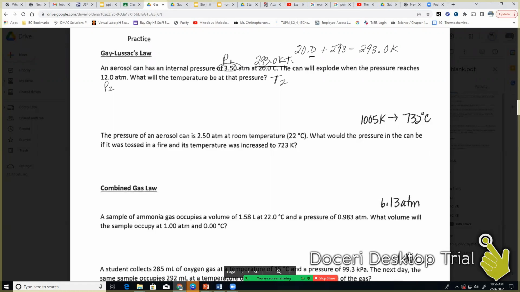Now I'm going to fill in my formula because I'm using Gay-Lussac. It's P1, my beginning pressure, 3.5 atmospheres, times my T2, which is my unknown, equals my P2, 12 atmospheres, times my T1, 293.0 K. Both of my pressure measurements are only 3 sig figs, so my answer can only be 3 sig figs. So we'll divide by 3.50 on both sides.